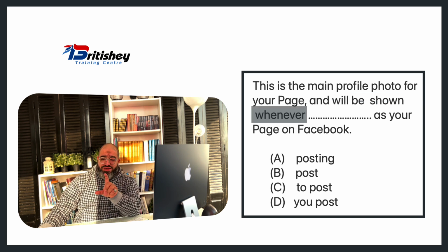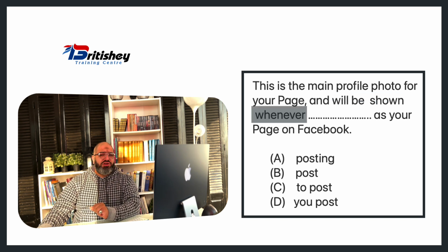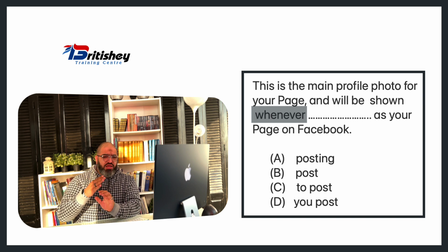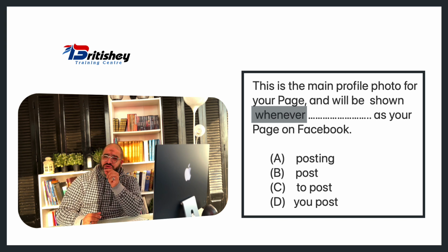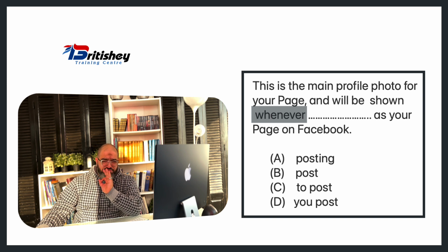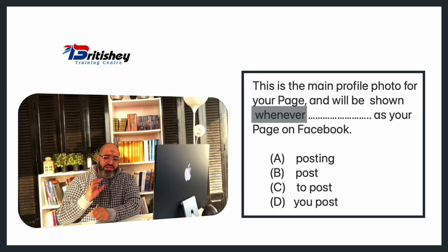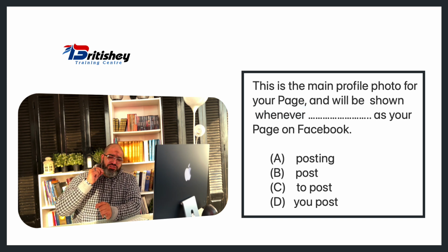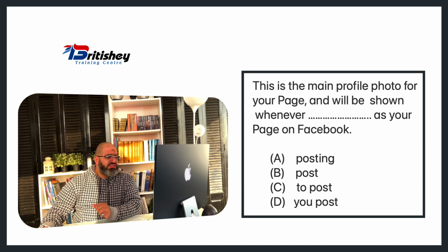Then we have whenever. Now that's an adverb connector. And we know from the structure that after the adverb connector we need a clause, and a clause is made of a subject and a verb. So let's look for a subject and a verb. And as your page on Facebook, we don't see a subject or a verb, which means that we need a subject and a verb, and we need to look for that in the following options. Let's have a look.